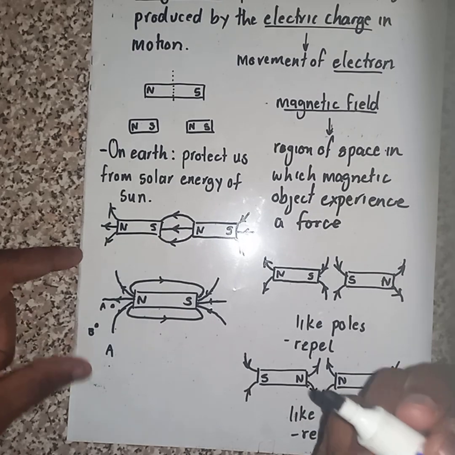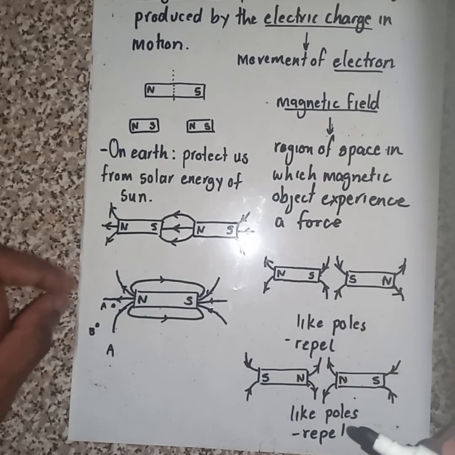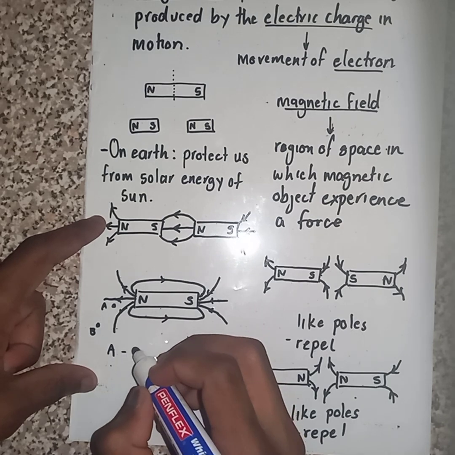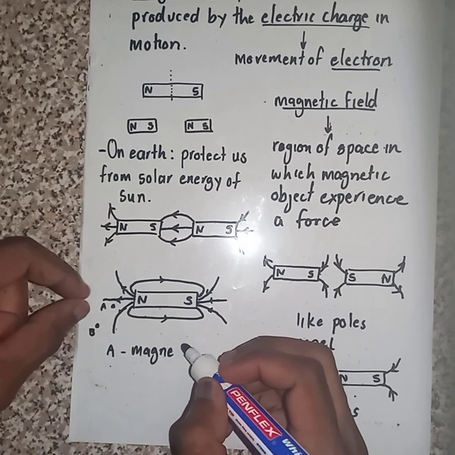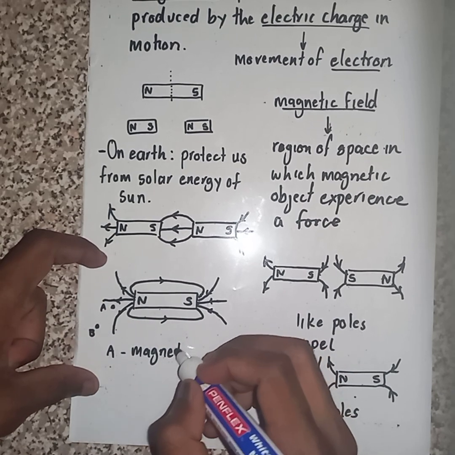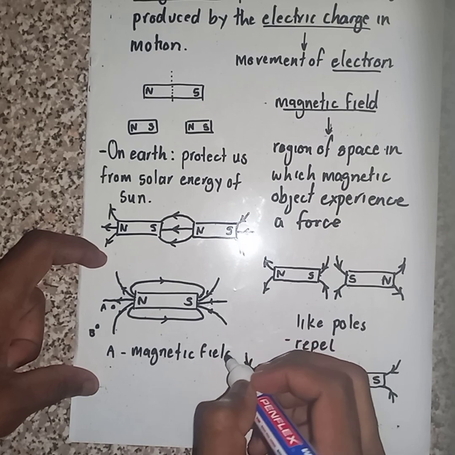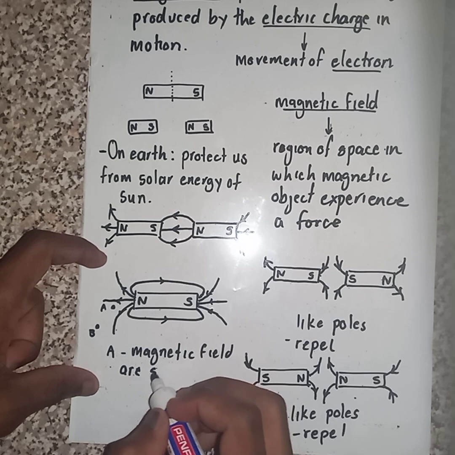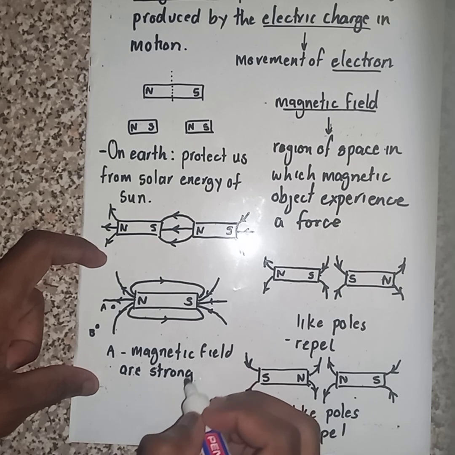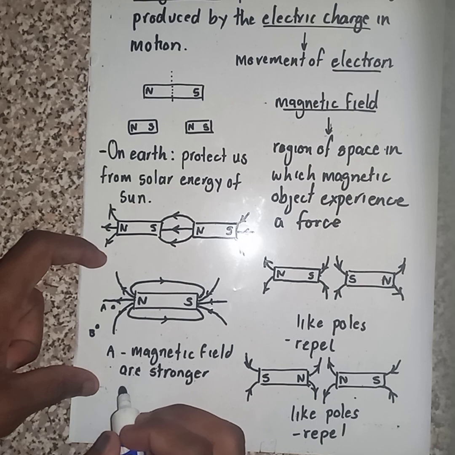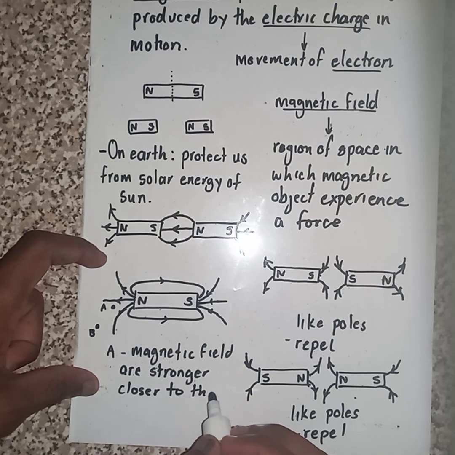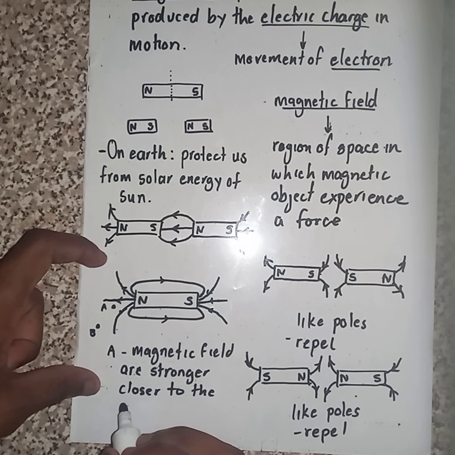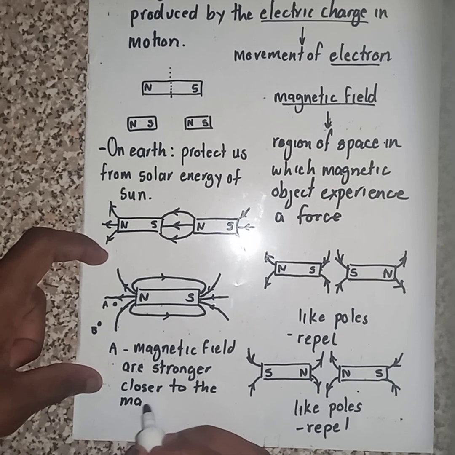At A, the magnetic field is strong. You see, that means the magnetic field is stronger closer to the magnet, closer to the magnet, you see.